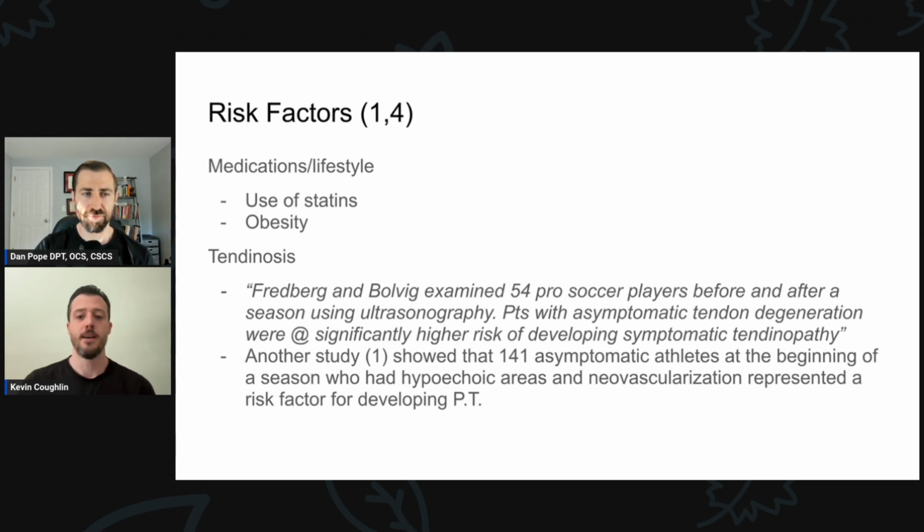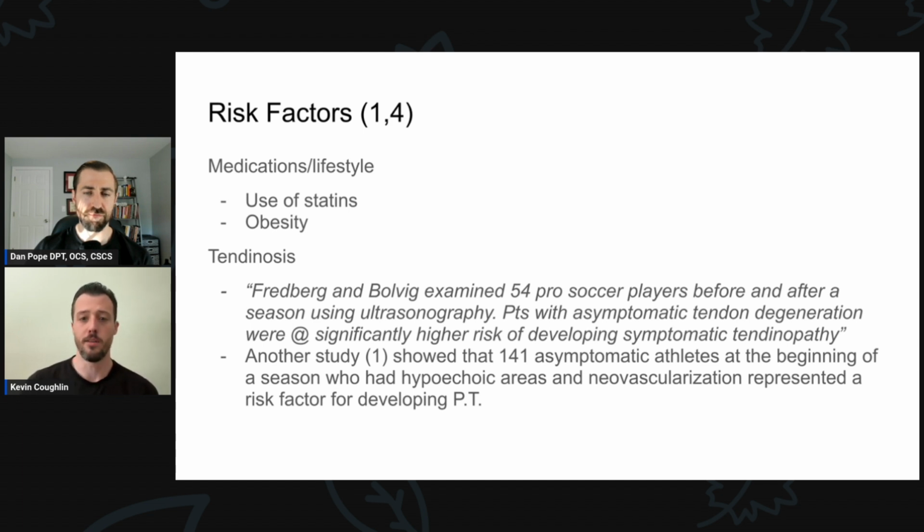And then very similarly, another study showed that among 141 asymptomatic athletes at the beginning of a season, hypoechoic areas of neovascularization represented a risk factor for developing patellar tendinopathy. We know that when you have new vascular tissue in an area of a tendon, that is one of the changes we see in tendinosis.